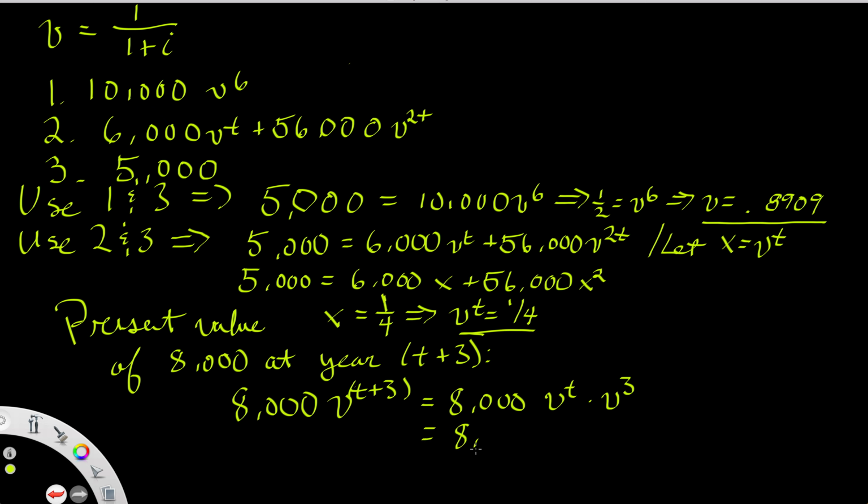So this is 8,000. Nu to the t, as I said, is 1/4. And then nu cubed is approximately 0.7071. When we multiply that all out, we get 1,414.21 chicken fingers.